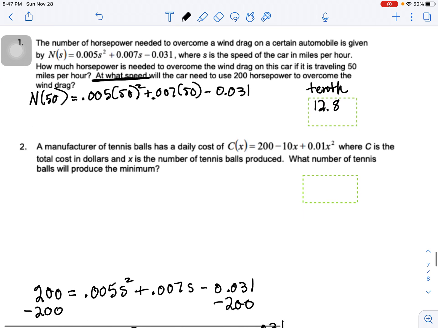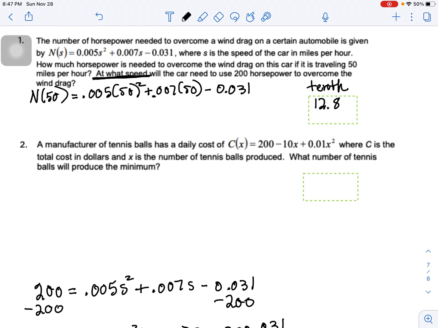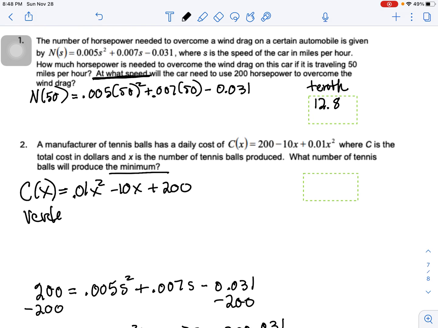Okay, next one. A manufacturer of tennis balls has a daily cost. It's still not in standard form, so we're going to put it in standard form. You put it in standard form so you can identify your A, B, and your C correctly. What number of tennis balls will produce a minimum? So we're looking for the vertex, right?